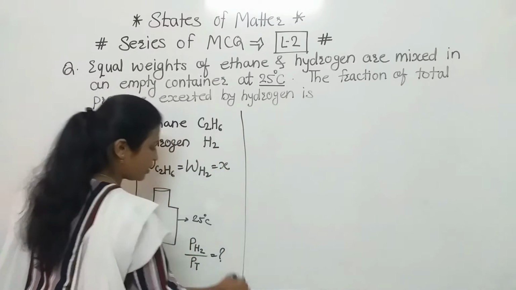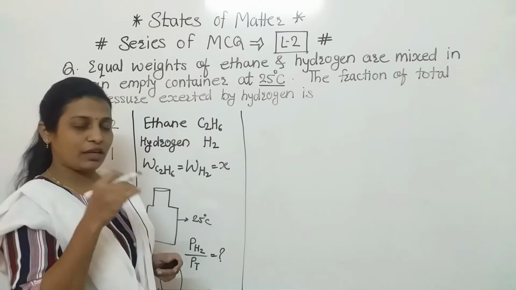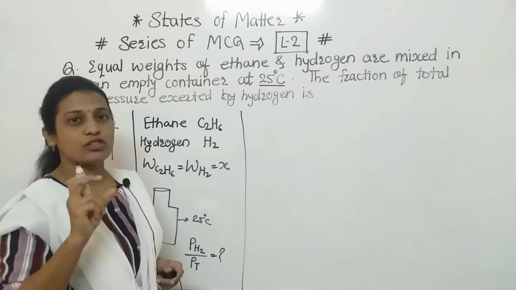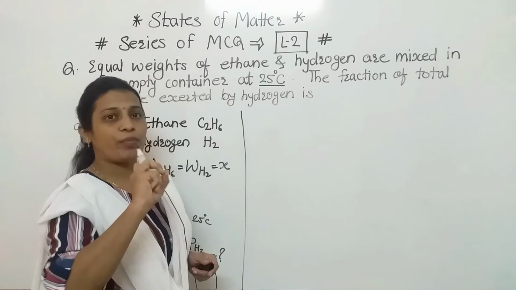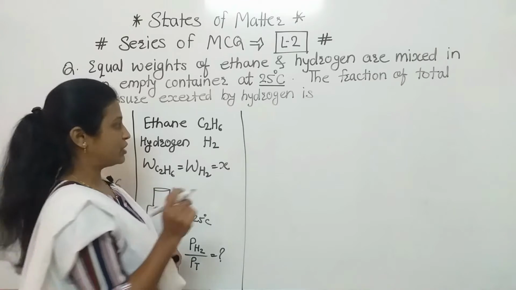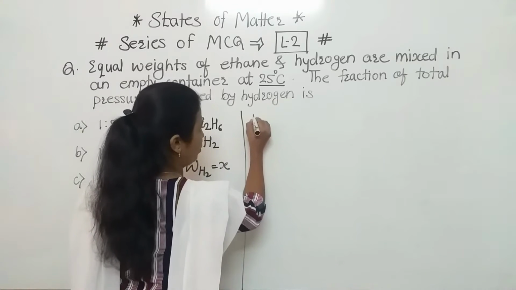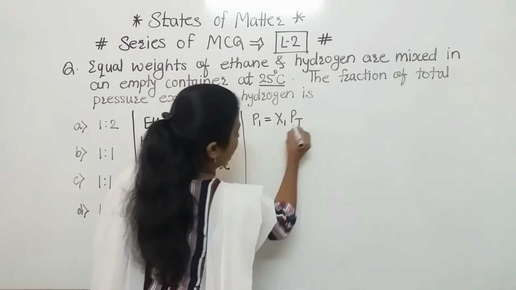Clear to everyone? Now see here, we have already studied Dalton's law of partial pressure, where partial pressure is related to the mole fraction, and we have written the formula P1 is equal to X1 into Pt.